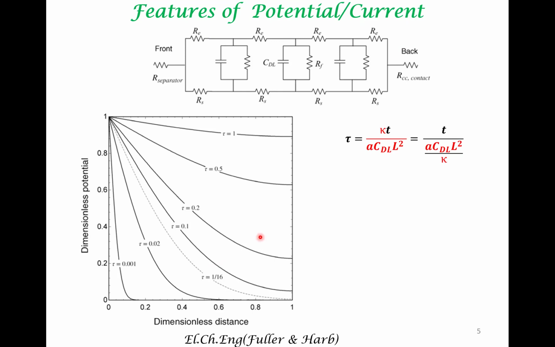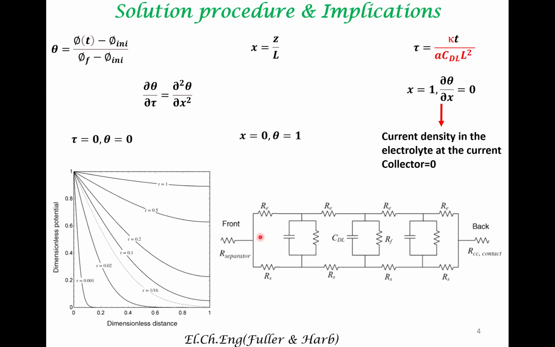Note, I forgot to state one thing. When we are doing all these things, what we are neglecting is that this resistance is 0. All we are considering is Re, and as the first approximation, we are going to consider the conductivity of the electronic conductor to be infinite.